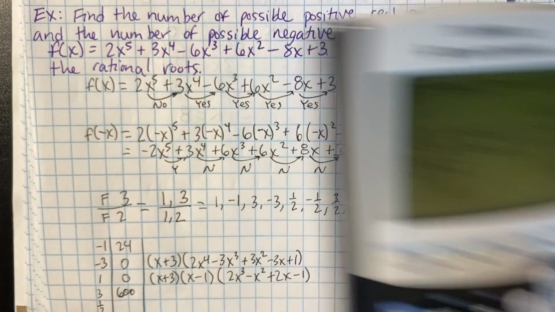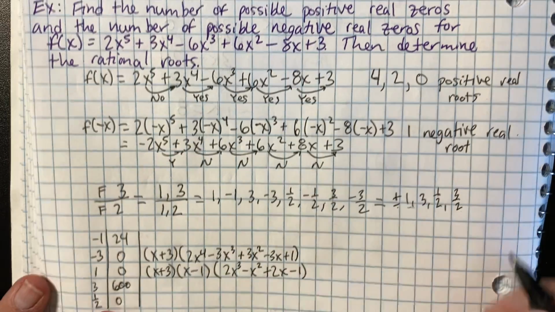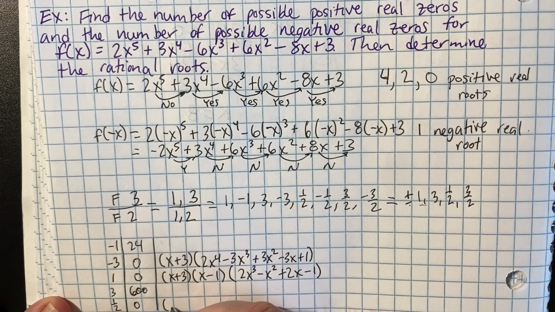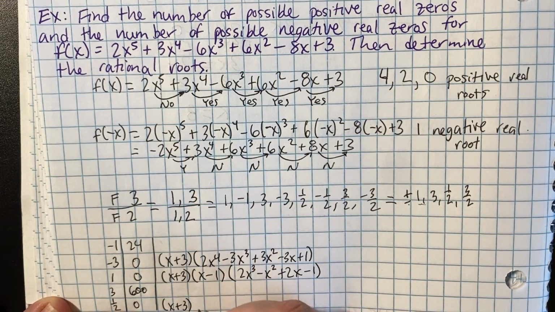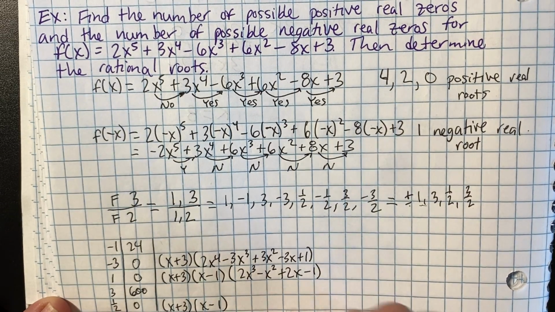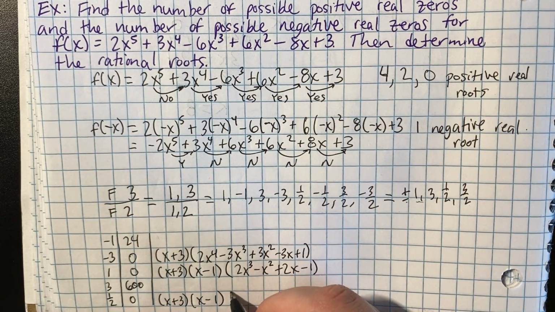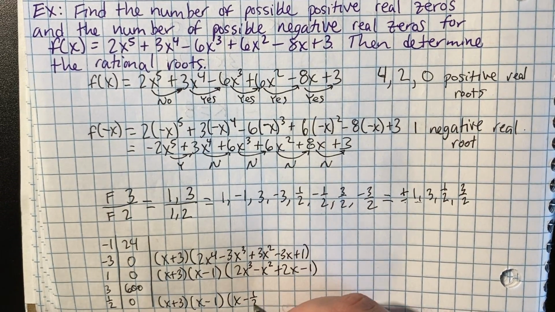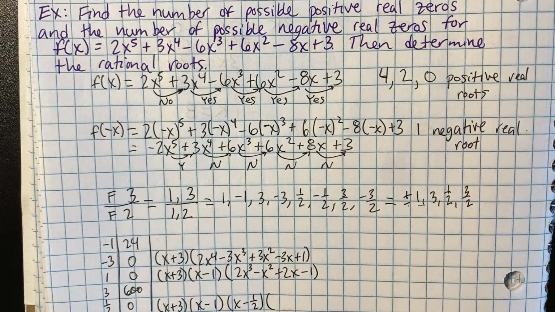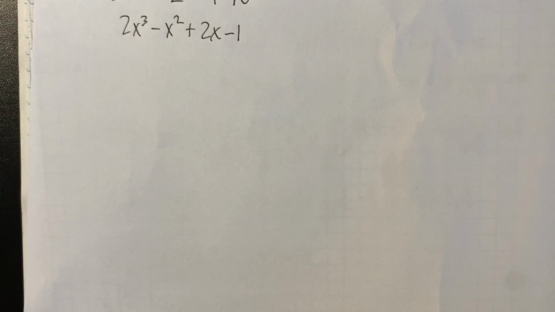Okay, oh, that's 0, sweet. So that means that we know that we have x plus 3, x minus 1, x minus 1/2. We got to find out what that quadratic is to find our last two.